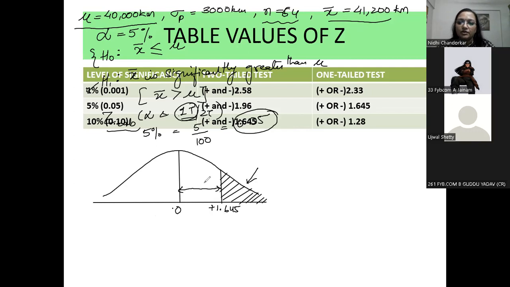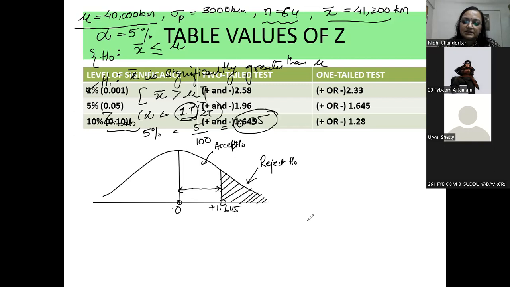If it is falling within this region, that means the value is between 0 and 1.645, we will say that the value is not significantly high and hence we will accept the null hypothesis. But if the calculated Z value is more than 1.645, we have to reject the null hypothesis because it is significantly higher.